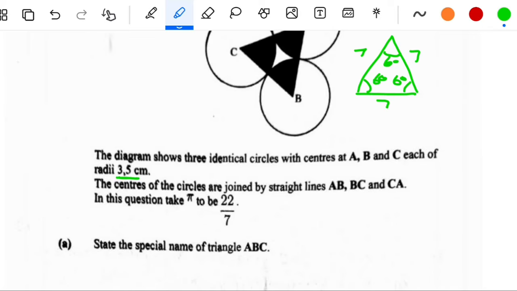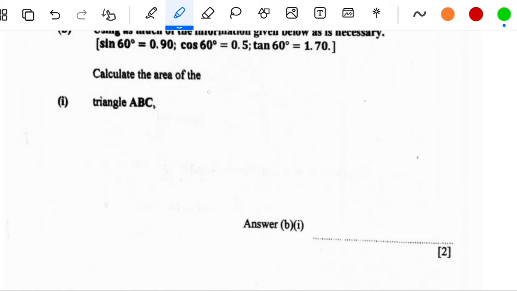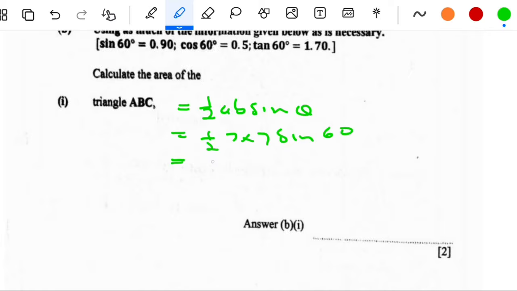So it's easy for me to find area. Area is half ab sine theta. So equals half ab sine theta, which is half times 7 times 7 sine theta, which is 60. So I've got 7 times 7, which is 49.